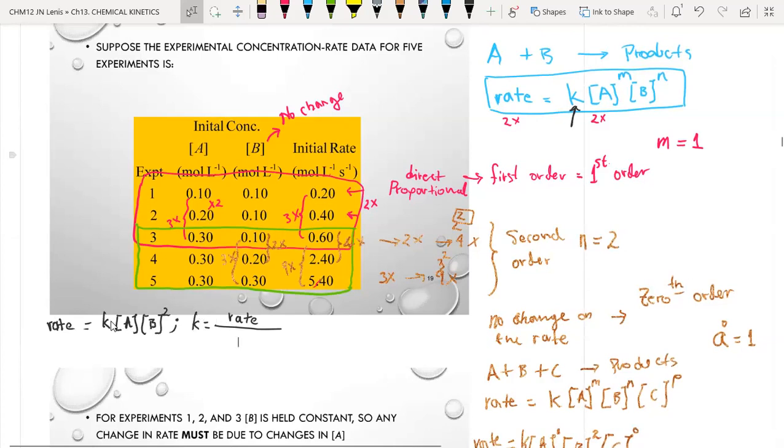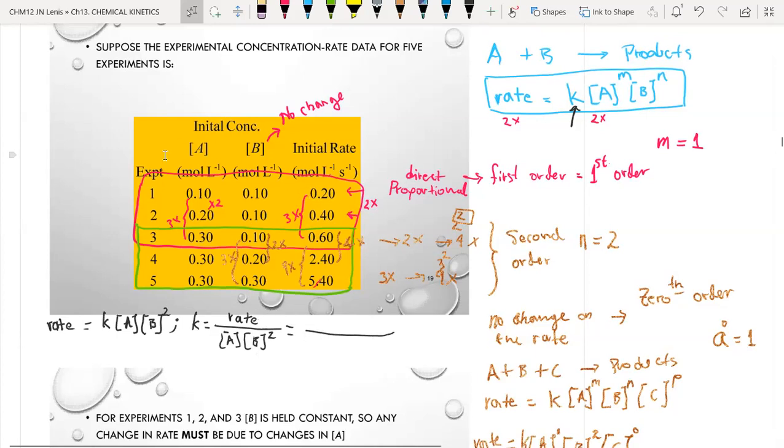If something is multiplying on this side of the equation, just send it there to divide. So it's going to be rate over concentration of A times concentration of B squared. We can plug in because we already have the numbers.